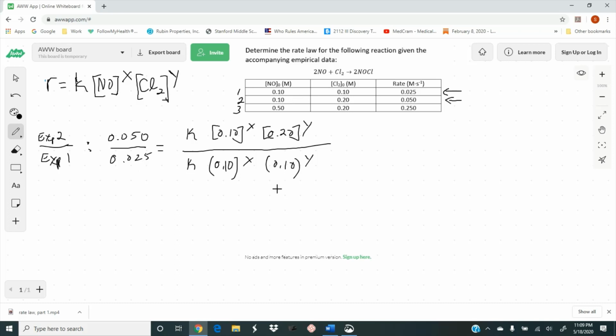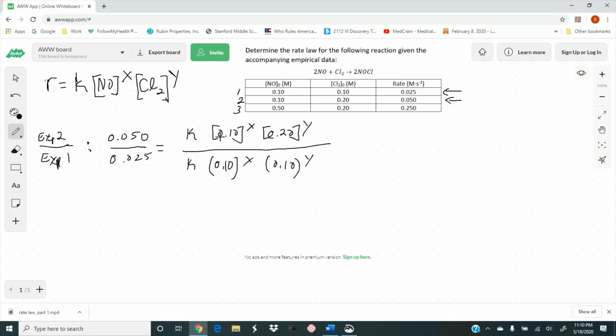Hopefully you can see that all these numbers came from taking the information from experiment 2 and plugging it into the format, then dividing it by all the information from experiment 1, also plugged into the format for the rate law.